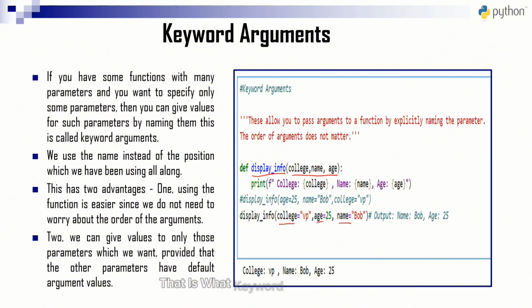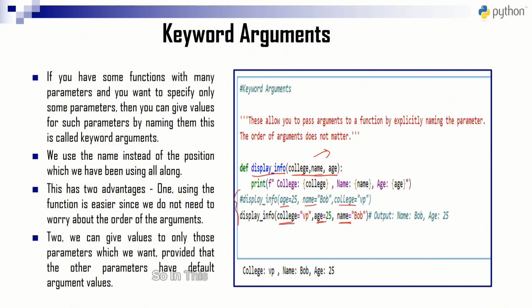That is what keyword arguments are. The advantage of this type of keyword arguments is we don't have to worry about the sequence. Now here we have name, college and age. I can change the sequence while I am calling the function: age, name and college. Both the statements will give me the output.